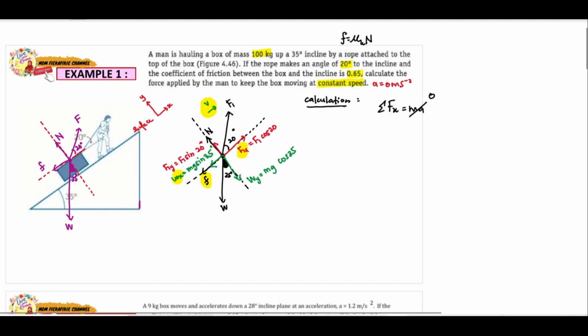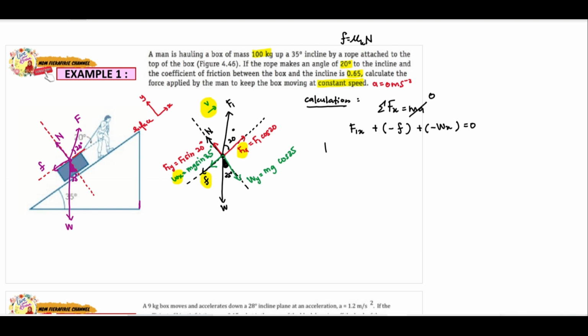Okay, so saya akan tulis F1x is positive F1x because the direction of F1x is same direction with the V. Okay, V dia nak gerak ke atas tadi kan. So plus, kita ada friction which is opposite direction, so negative friction, and then plus negative WX since the direction of WX is opposite direction dengan motion dia. Okay, so it's equal to 0.